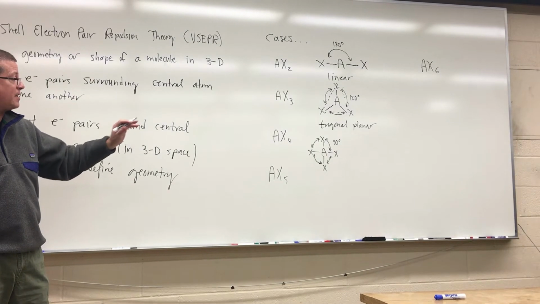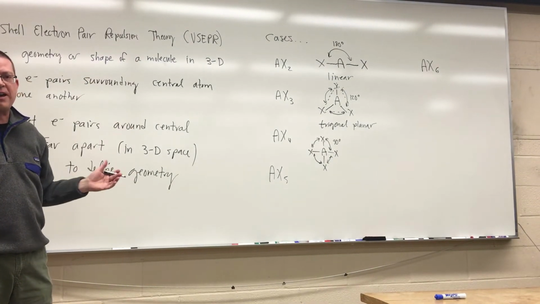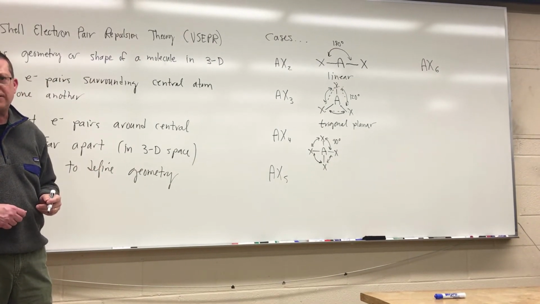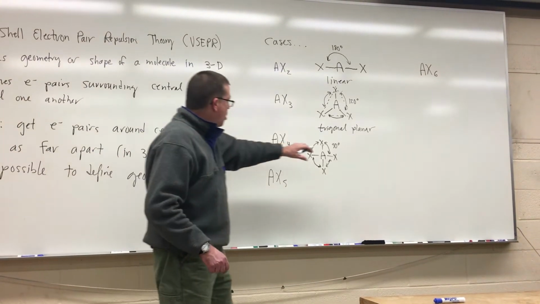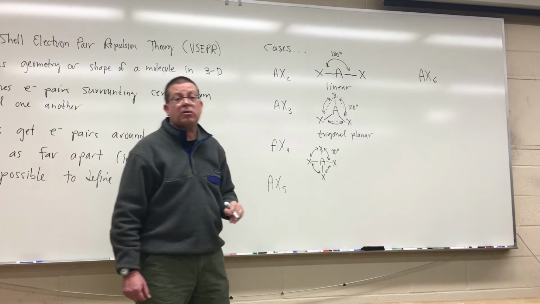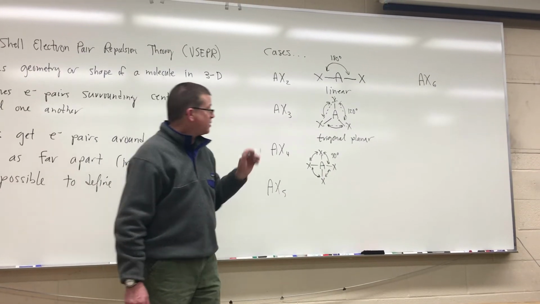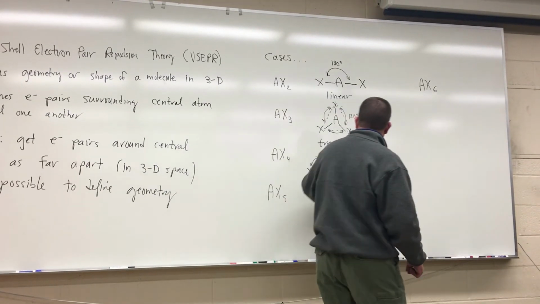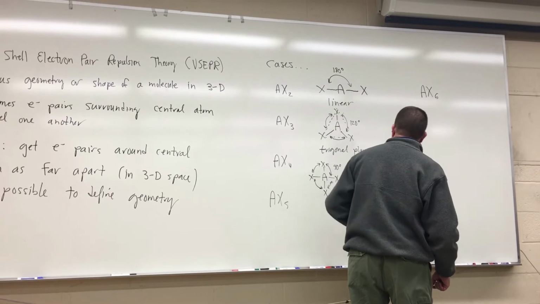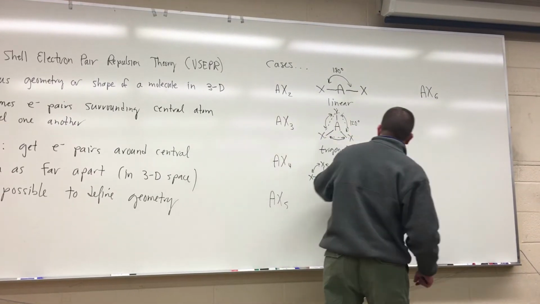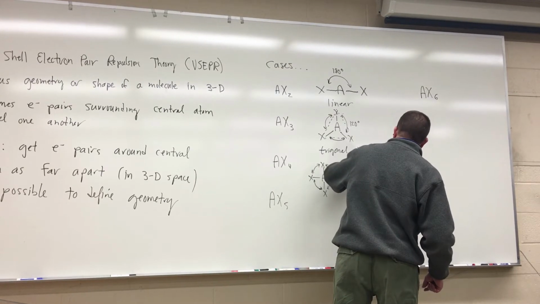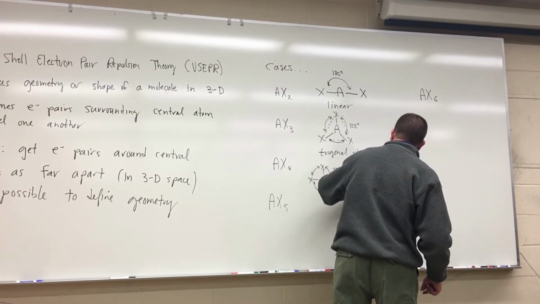Okay? Now, would you believe me if I told you we could do better than that? Because what we're forgetting at this point is that we can actually expand out into 3-dimensional space. And if I do that, I can actually open up these bond angles a little bit larger than 90 degrees. So watch this. I'm going to redraw this accordingly. The best way to actually show this is kind of like a pyramid with something on top of it. So I'll put an X there.